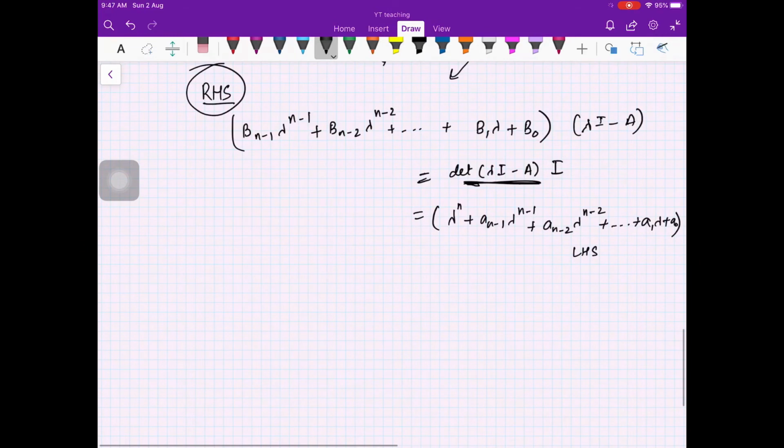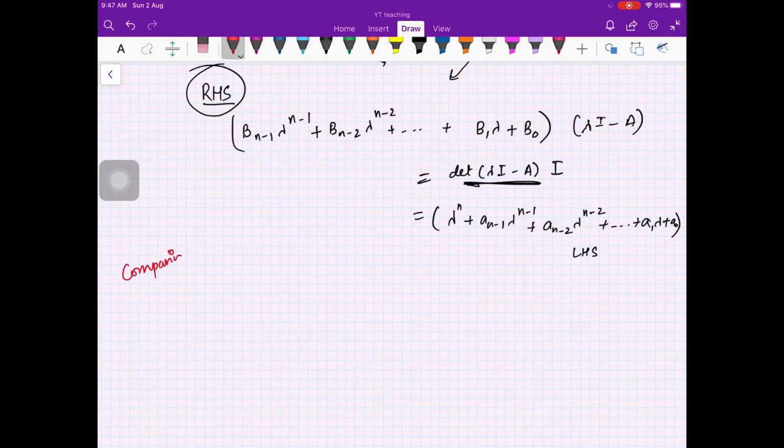So what you can do now, you just compare the coefficients. On the left hand side you see the coefficient of lambda raised to power n. When you multiply B_{n-1} with this identity, you will get lambda raised to power n, so you will get B_{n-1} equal to, on the right hand side, the coefficient is identity, because you have this identity matrix here.